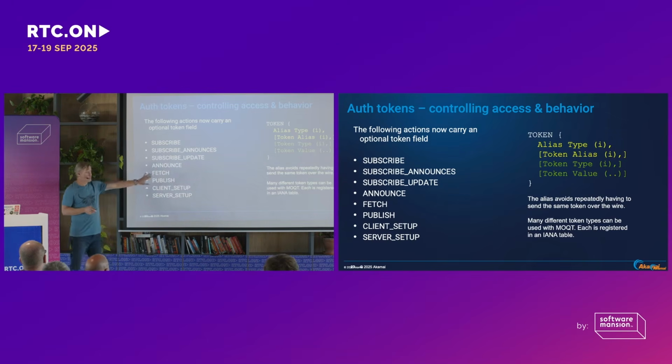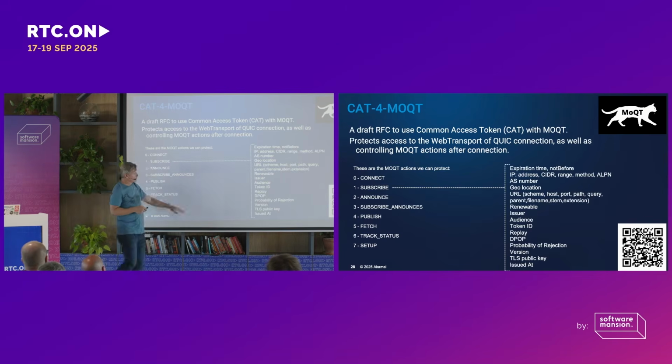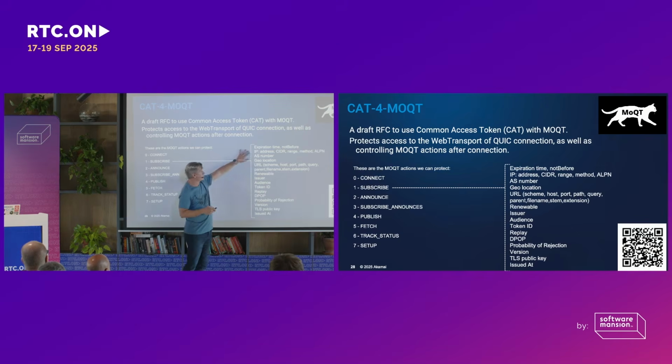This is the core transport. It doesn't tell you how to make these tokens. So there's another spec I'm actually one of the authors of called CAT for MOQ. CAT stands for Common Access Token. And it takes all the actions here, and for each one of these, we can constrain it by claims against all of these fields.